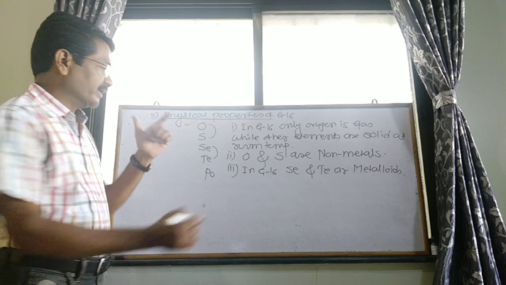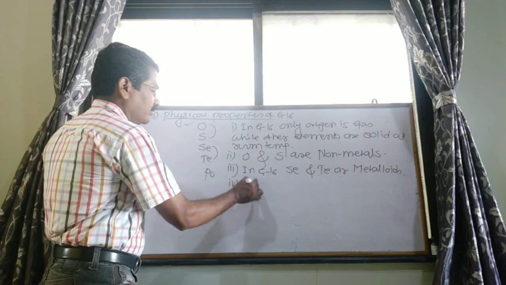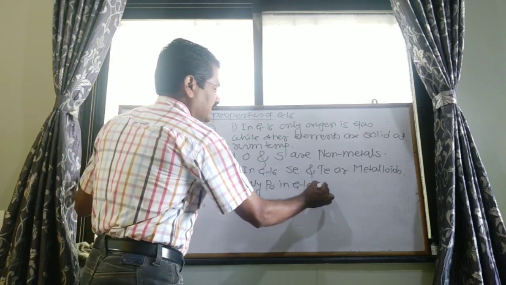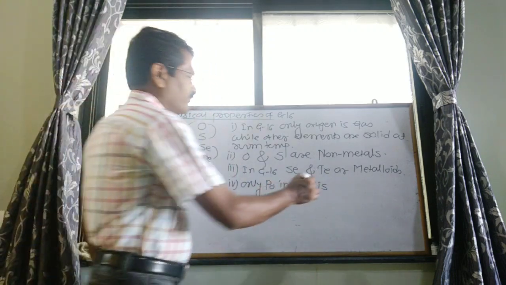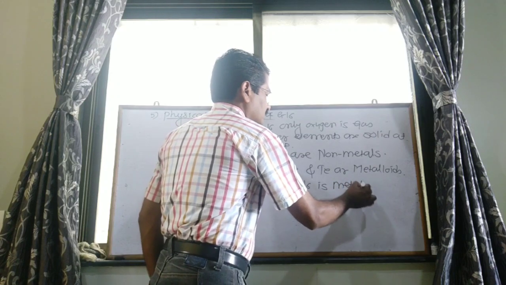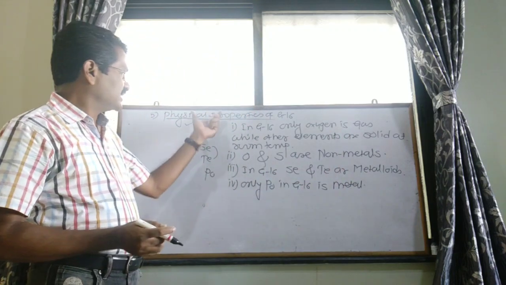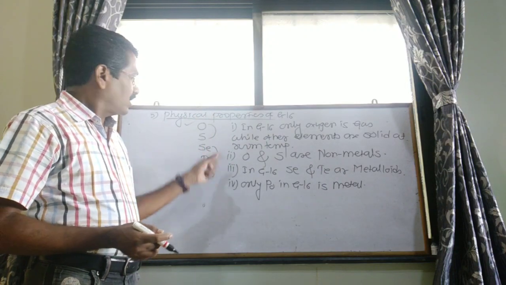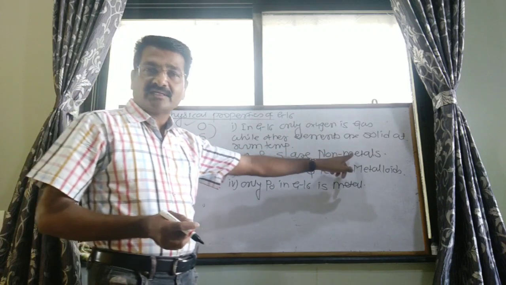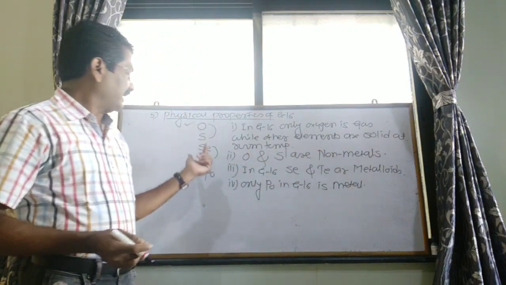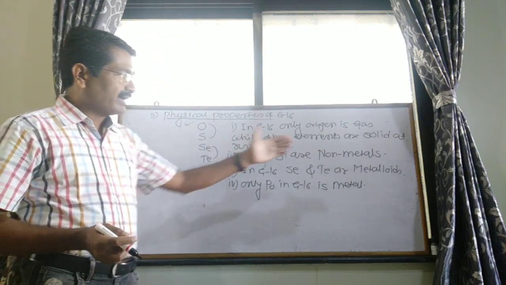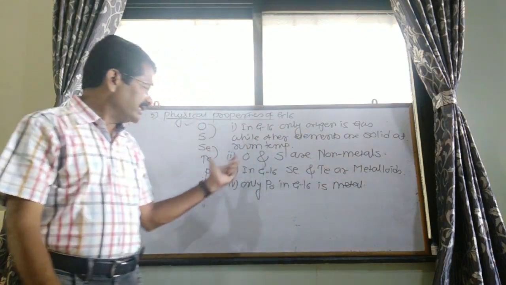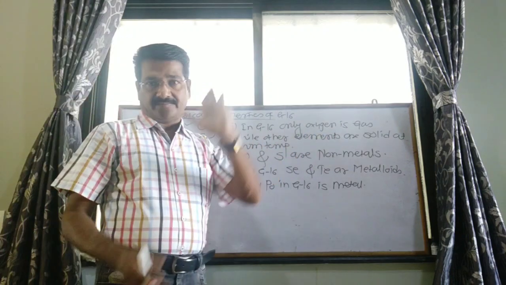But only polonium in G16 is metal. Means, in G16 elements from oxygen to polonium, oxygen and sulfur are non-metals, selenium and tellurium are metalloids, which possess both properties of metal and non-metal, and only polonium is metal.